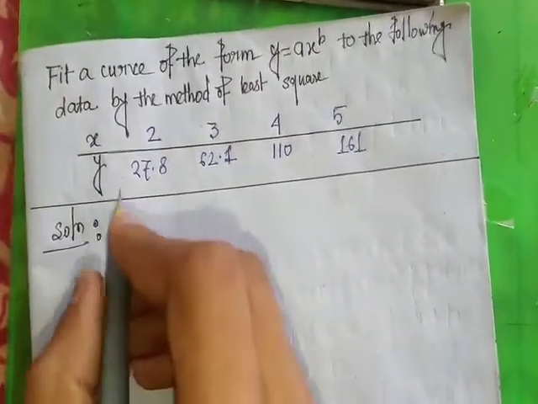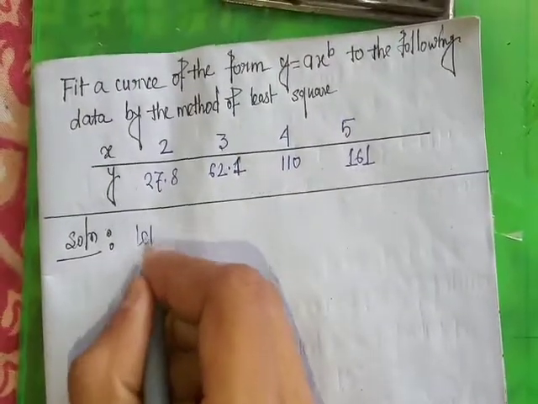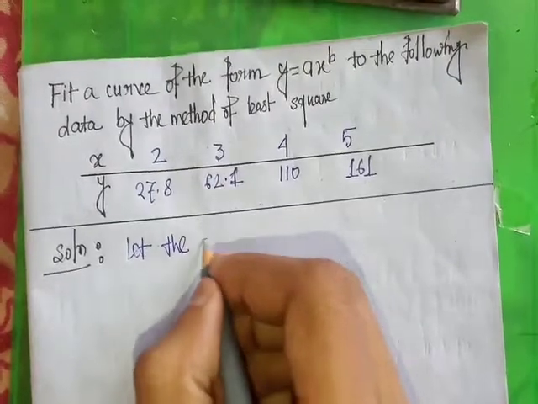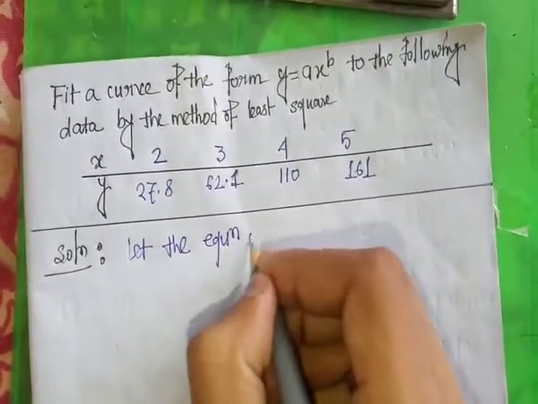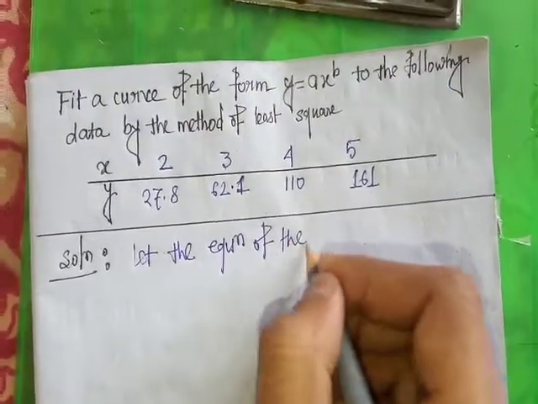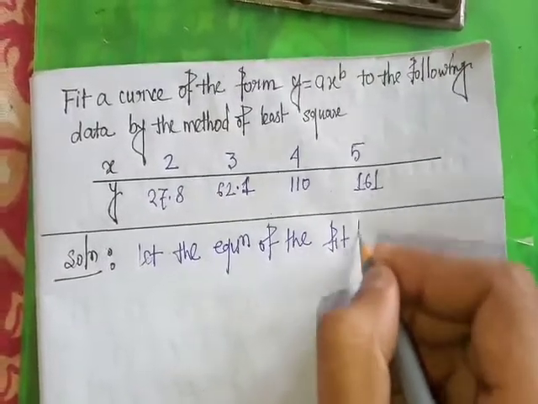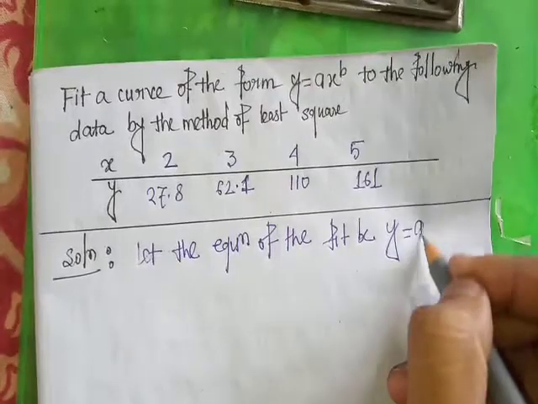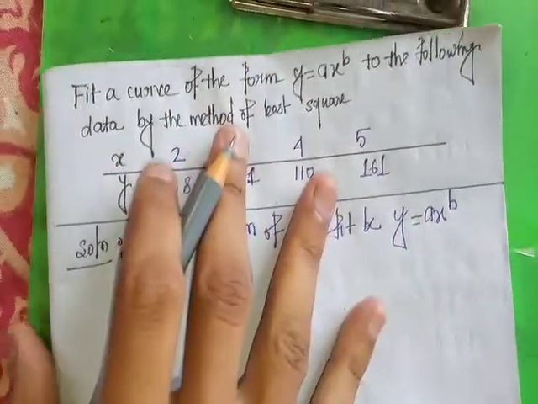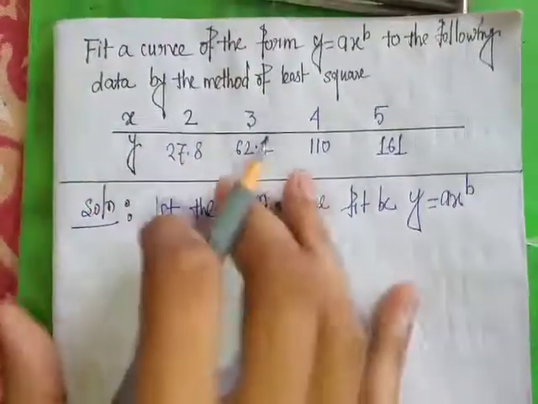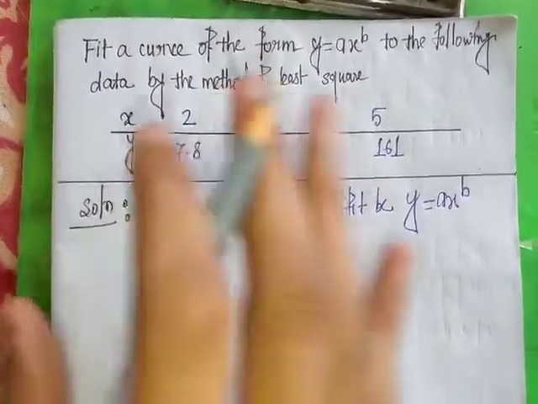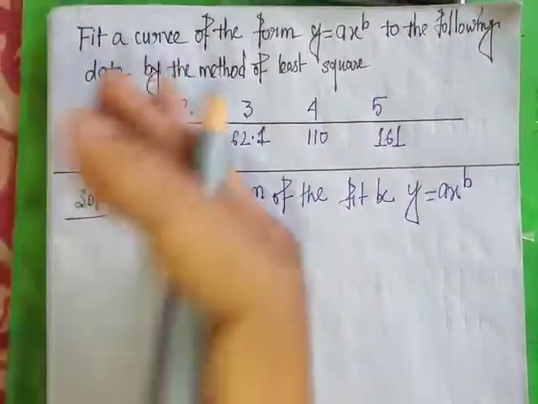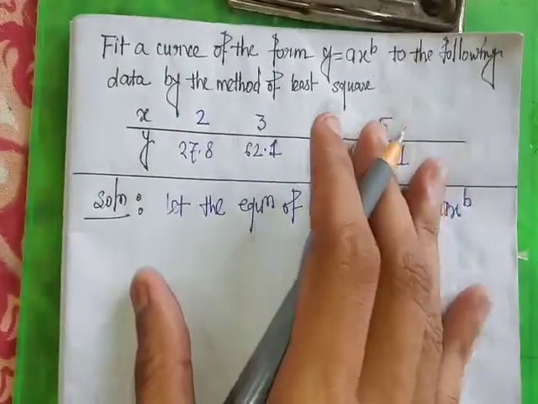So, solution. Let the equation of the fit be y equal to a into x to the power b. Taking log on both sides with base 10. You can also take logarithm on both sides with base e, no problem.